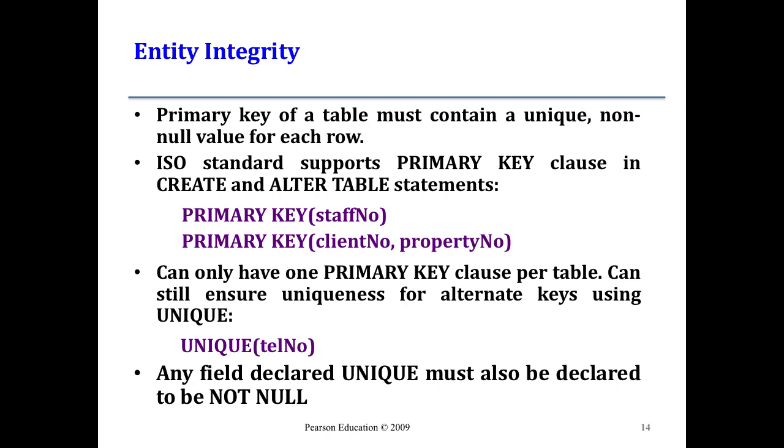Okay, so an alternate key is a candidate key that did not become a primary key. Say primary key wannabe. So you can say unique is a way of specifying alternate keys. Okay, it's a requirement that those combination of attributes also be unique. Okay, and any field declared unique has to be declared as not null. Makes sense because two nulls would be not unique.